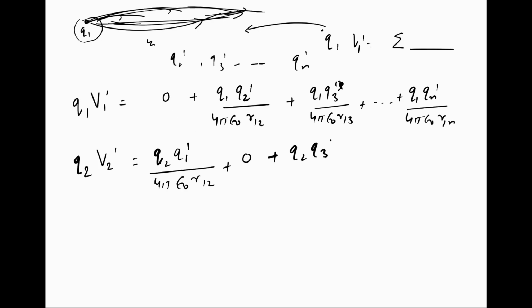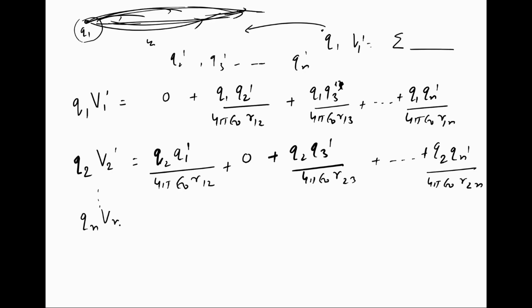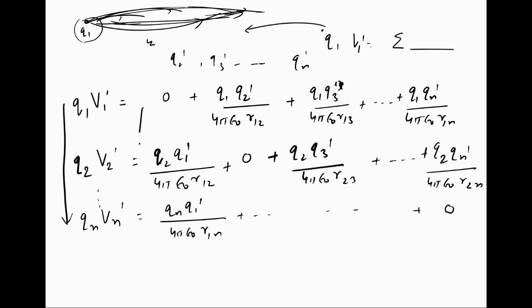Then Q2 Q3 dash over 4 pi epsilon naught R23, up to Q2 Qn dash over 4 pi epsilon naught R2n. Similarly, if I take this up to the nth charge, I can write Qn Q1 dash over 4 pi epsilon naught R1n, plus 0.